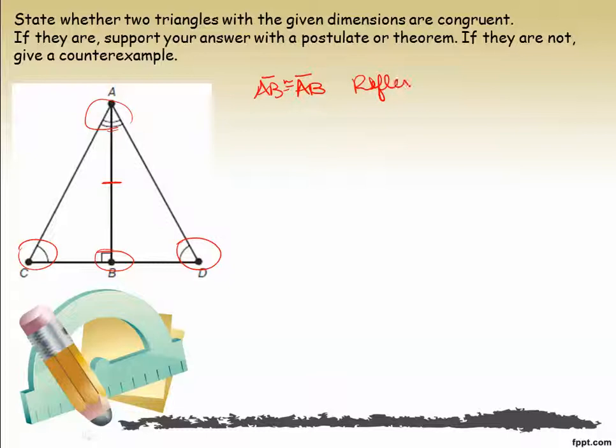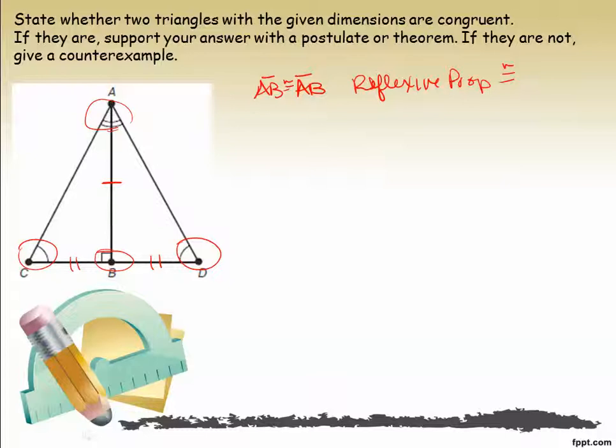I'll get that written in a minute. We also know that AB is a bisector of angle A and it is perpendicular to CD, so that's going to tell us that CB is congruent to BD.